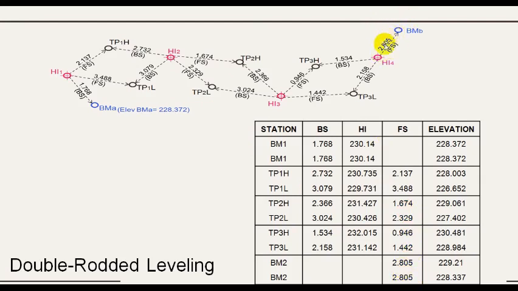The foresight reading for the fourth setup, the foresight reading to BM2, is 2.809.